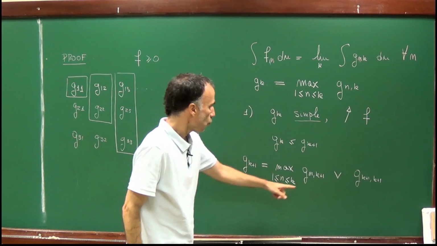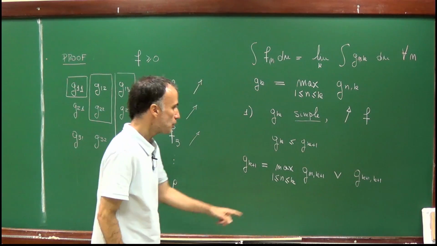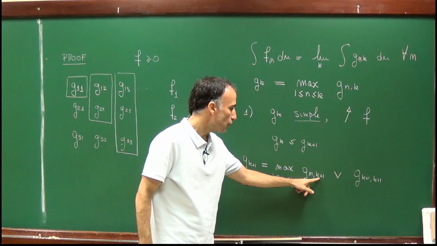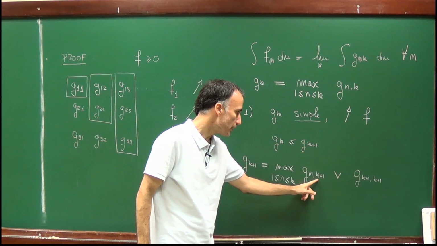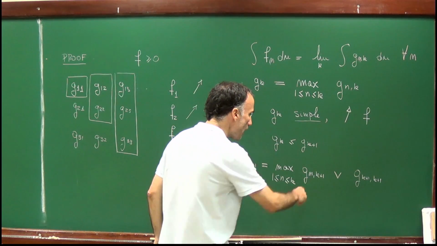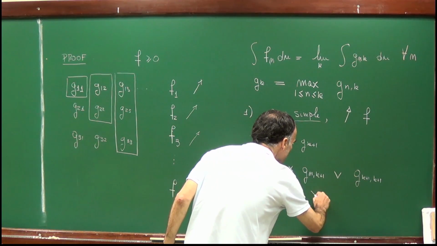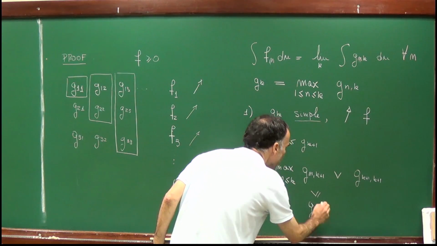Right? Well, now if you fix a line, so if you fix n, and move on the second variable, along the column, we have a monotone sequence. So this means that g_{n,k+1} is larger than or equal to g_{n,k}.